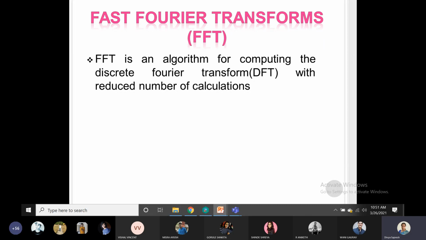Because all these algorithms will be developed as software, while writing the algorithm we will always try to get the output with minimum steps. More calculations means more memory will be required. So this algorithm will provide you the output with minimum number of calculations.